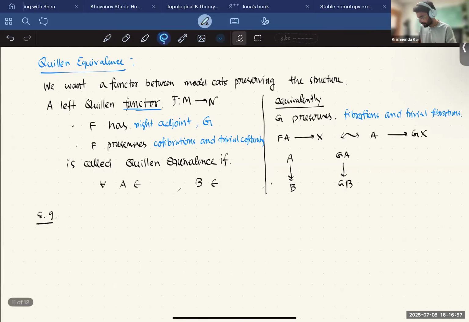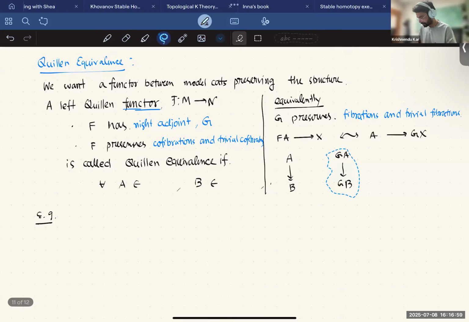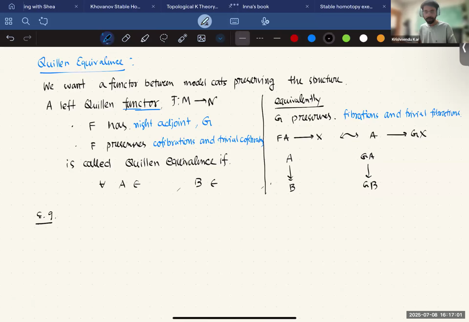For that, I use the lifting property. This is how you determine a fibration: check if it has the lifting property with respect to trivial cofibrations. So choose X to Y, your trivial cofibration, such that this diagram commutes.